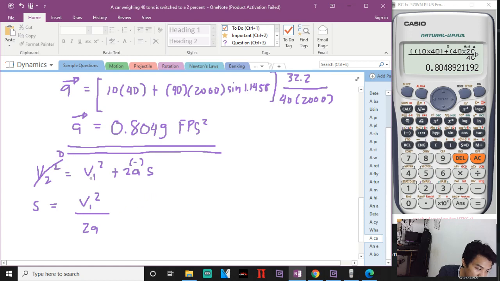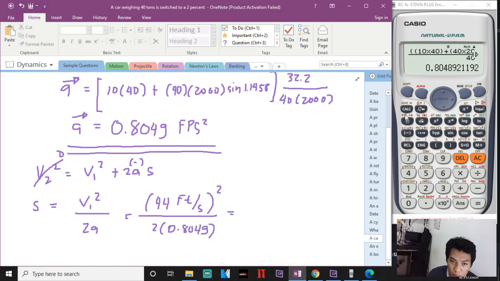Okay? Pag nilipat mo. So, V1 is 44 feet per second. Square natin. Divide by 2 times 0.8049.